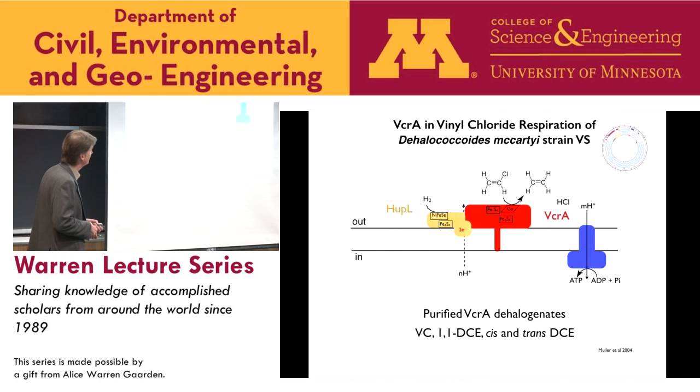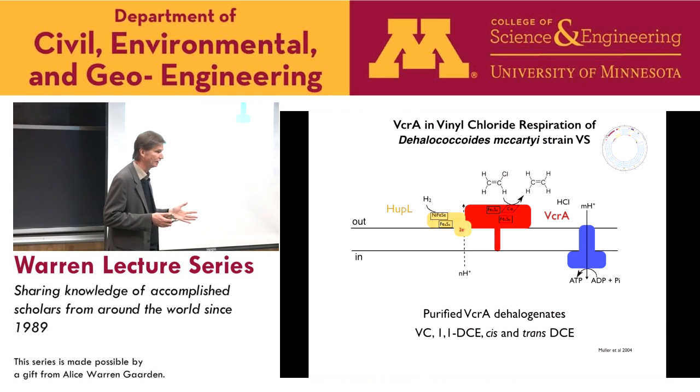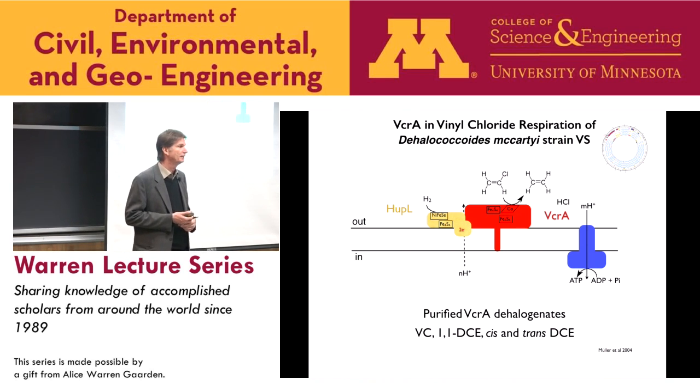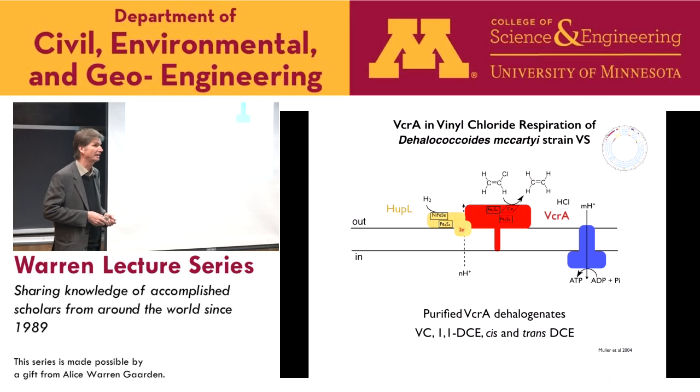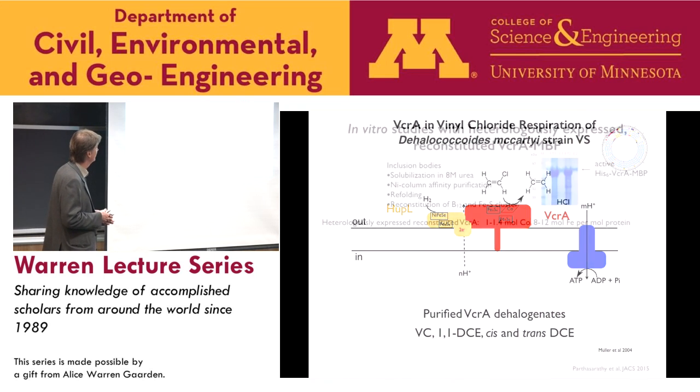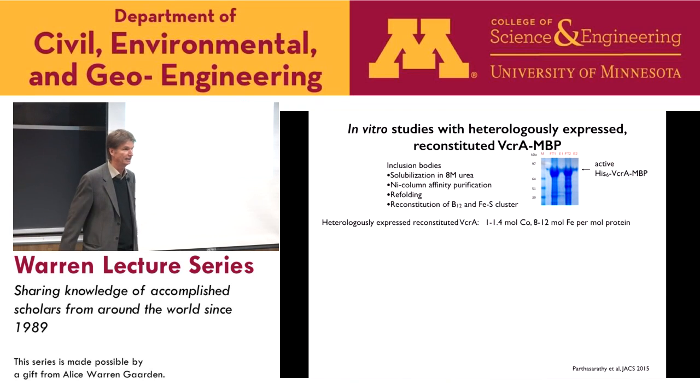And it took about 10 years of effort to come to a protocol that allows us to heterologously express these reductive dehalogenases. Many enzymes can be heterologously expressed. We tried it for many years, and it was another postdoc, Anudaman Padasarati, who actually was able to heterologously express the vinyl chloride reductase.